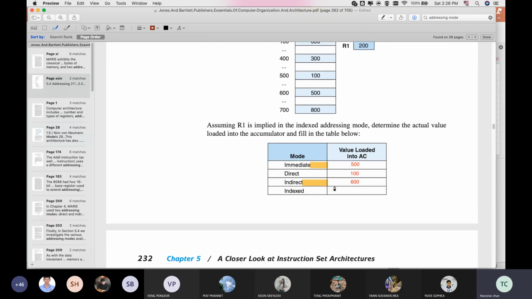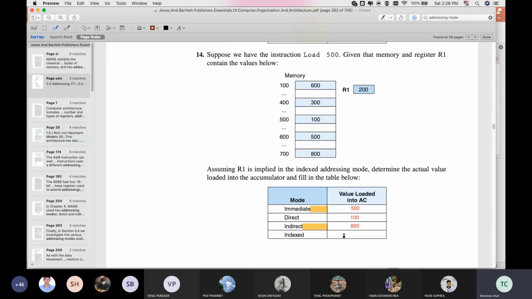So this one, what is the value? 800. We have 500 plus 200. All right, we get 700, and then the value is 800.